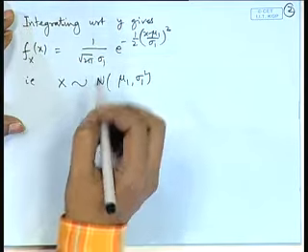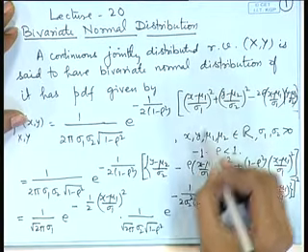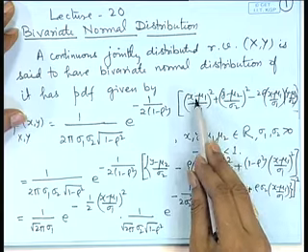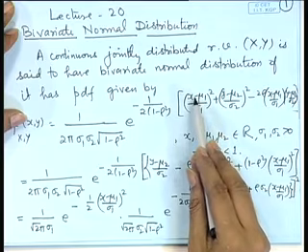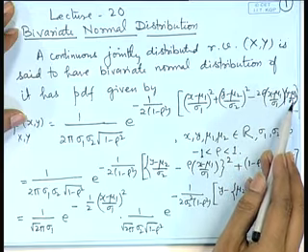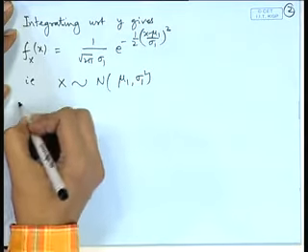In a similar way, we can split this term when we want to integrate with respect to x, then I make it a perfect square in x. So, we will write (x minus mu 1) by sigma 1 minus rho (y minus mu 2) by sigma 2.